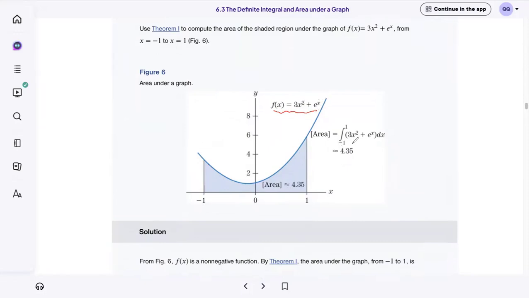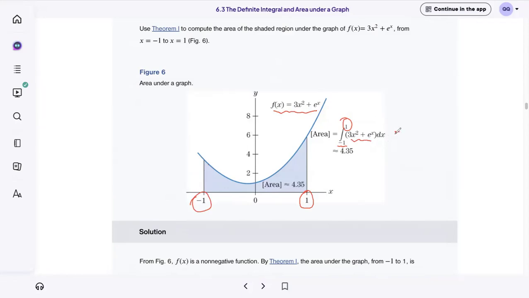That's going to be our integrand. So the lower limit is -1. The lower limit is always the left one on the integral because it's a lesser value. The upper limit is 1. 1 is always the one on the right. From -1 to 1, we have this function as the integrand, dx.